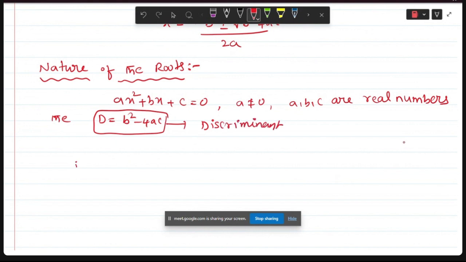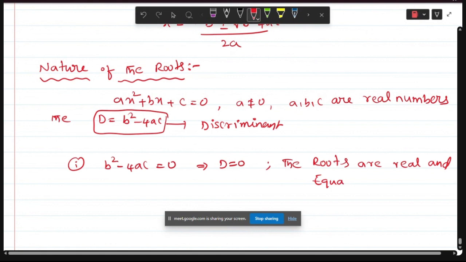First point: if b square minus 4ac is equal to 0, that is, if D is equal to 0, then both roots are real and equal.